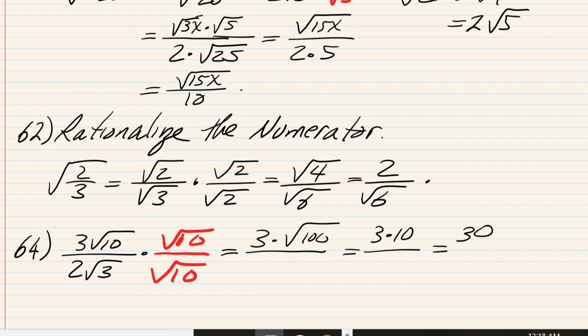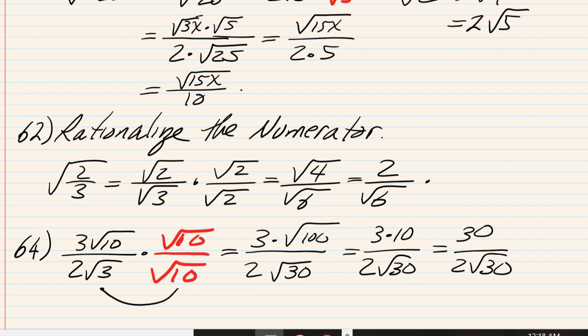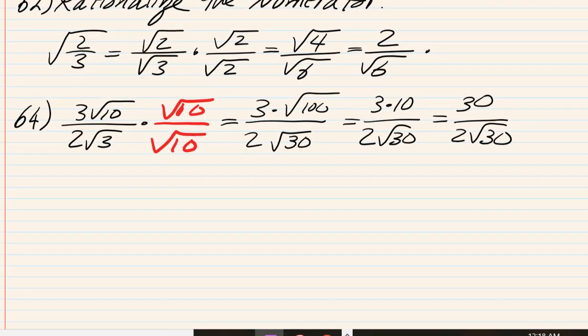Okay, so this gives me 30. That's the top. Now the bottom is root 3 times root 10, so that's 2 root 30, right? 10 by 3. And that's going to stay throughout. Nothing changes there. And with that, we're done with number 64.